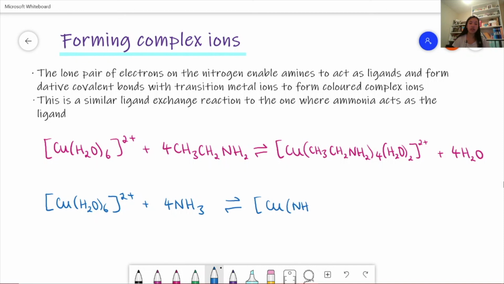So we have NH3 4 and then 2 of these waters. And so the charge of this is still 2 plus because ammonia is also neutral. And again, we have 4 waters substituted out. And we know that this is the reaction where we start off with a blue solution due to the copper 2 plus ions, and then we end up with a deep blue solution.